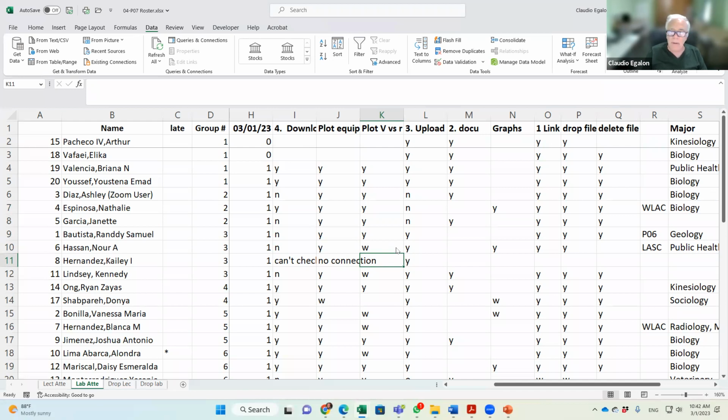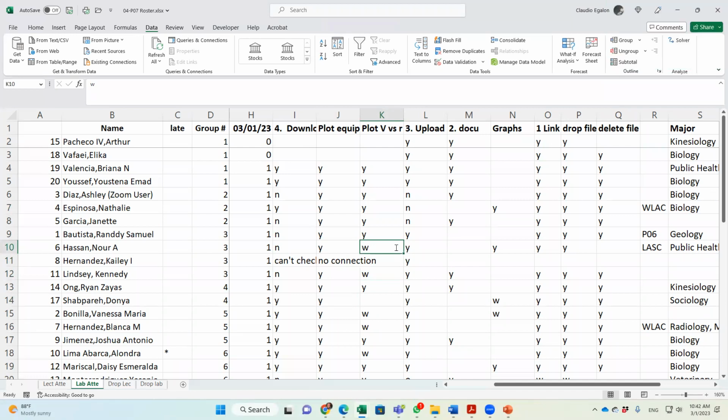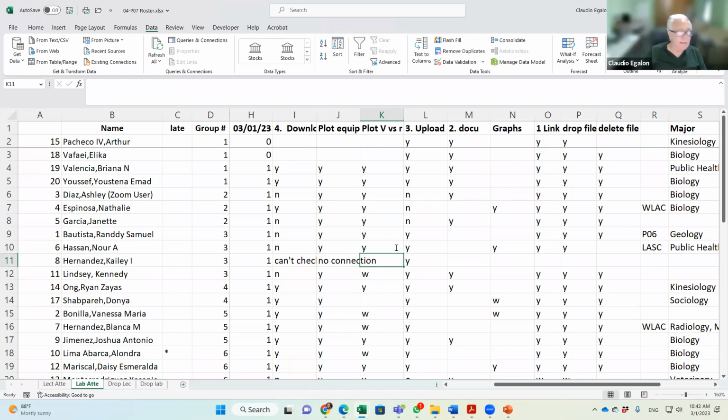Okay, Donia, right? Let's see, where is Donia here? Okay, but I got the first plot. Okay, good. So you start working on the second. Noor, did you manage to finish the second plot? Yes, Professor. Okay, thank you. And Kennedy, a little bit early, right?